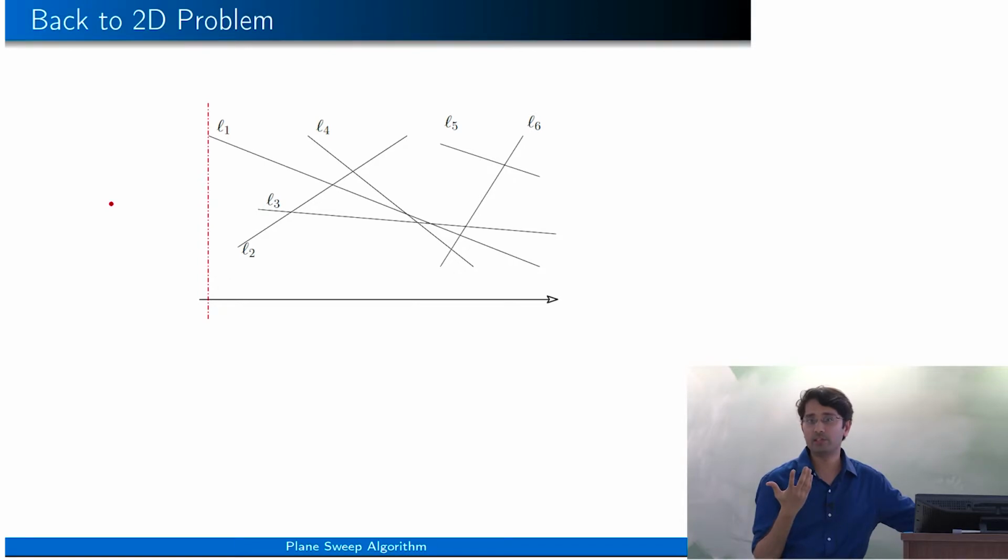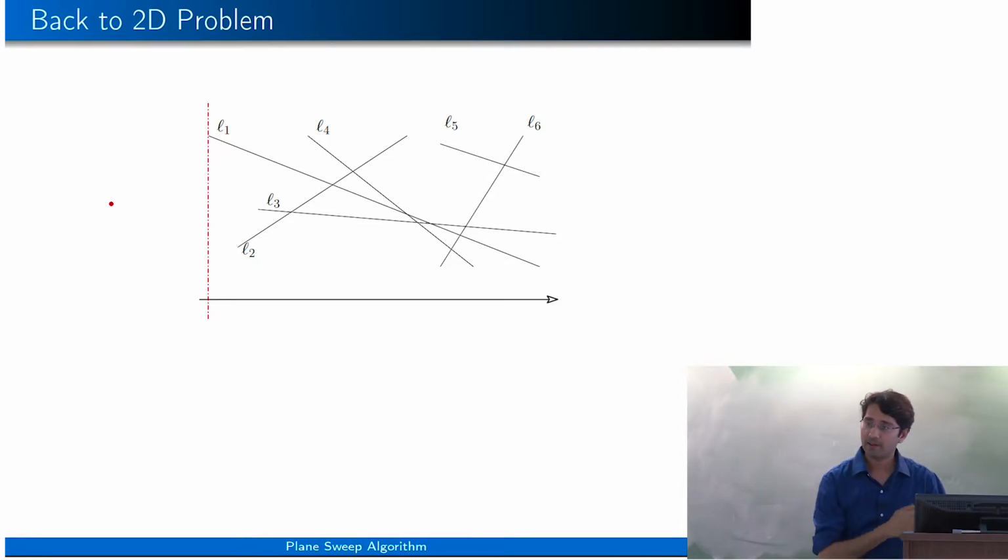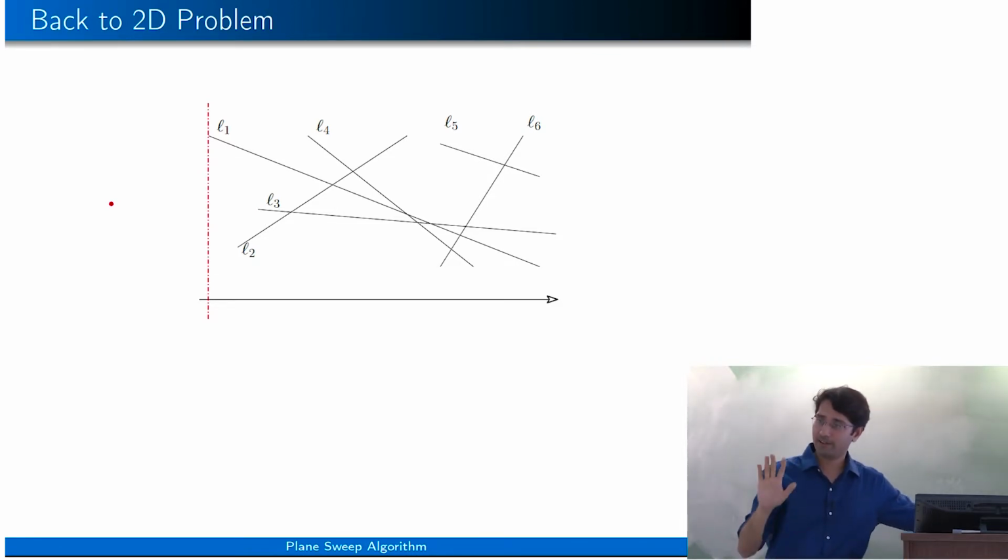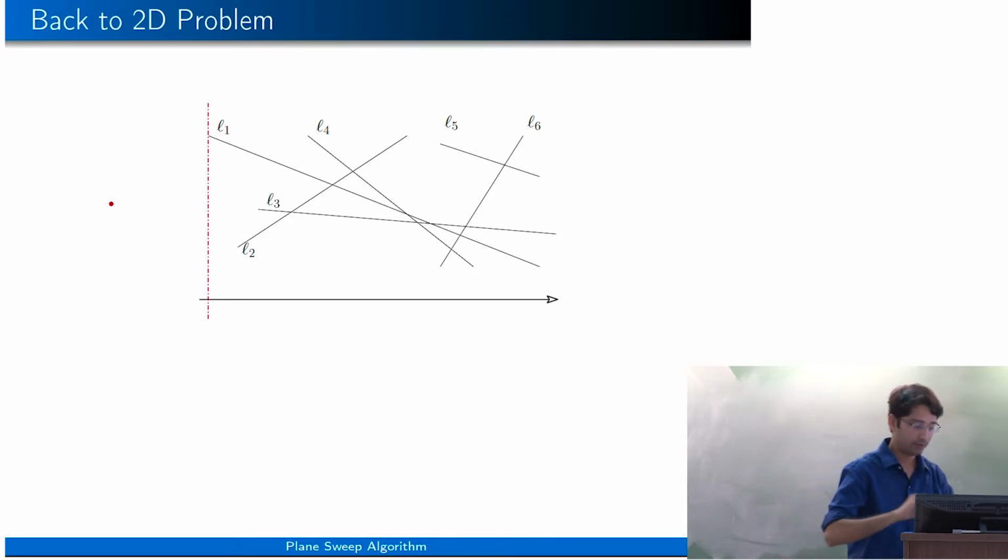What happens if I use the same idea? What was I sweeping? A line from left to right? Vertical. Top to bottom. Doesn't matter. Left to right, top to bottom, doesn't matter. We'll see what to maintain. They are not intersecting.